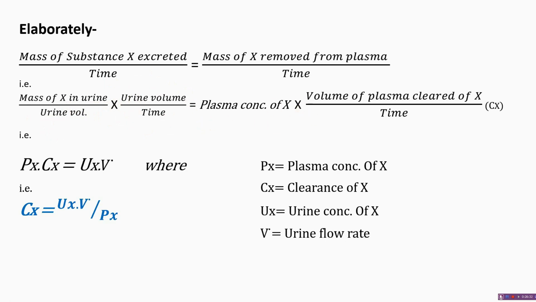The second part is the plasma concentration of X, Px, times the volume of plasma cleared of X per time, that is Cx. So the formula is Px into Cx equals Ux into V, and the formula comes like this.